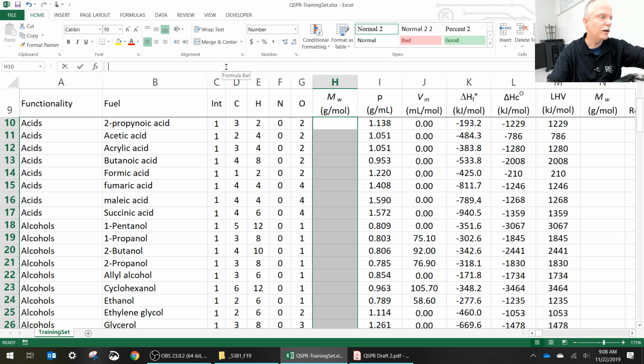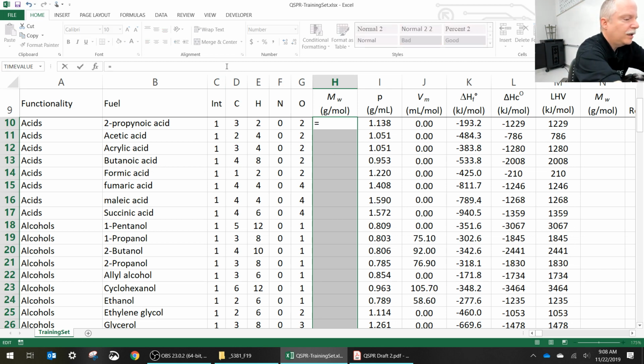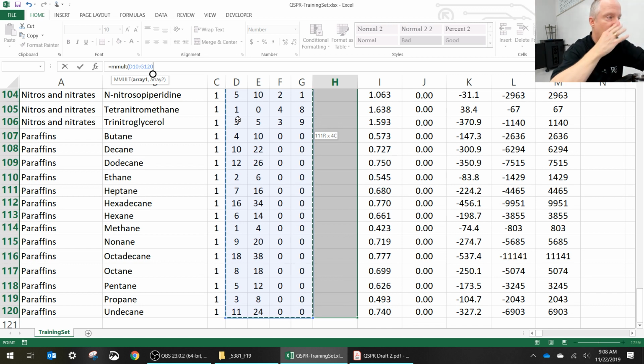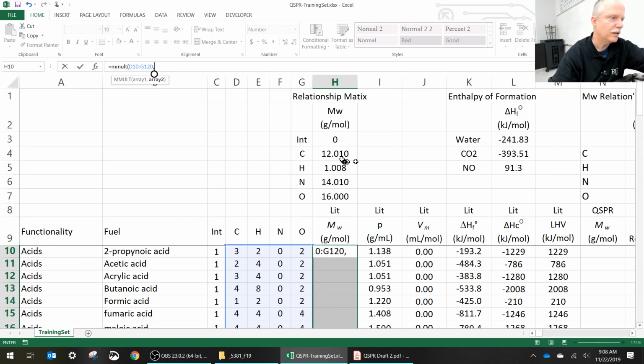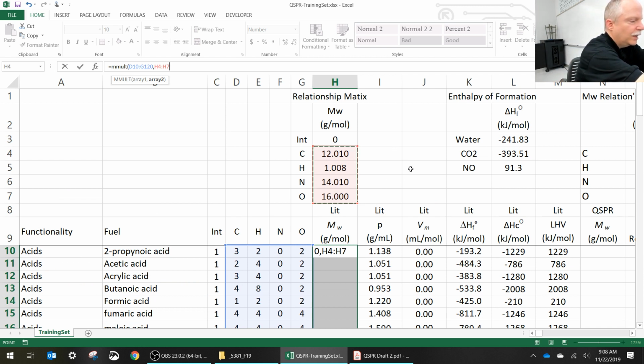And we come up here and type in equals mmult, open parenthesis, and then we select the full array of values. This is the structure matrix. Then we hit comma, and come up here and select the relationship matrix. Just for grins, let's anchor that.